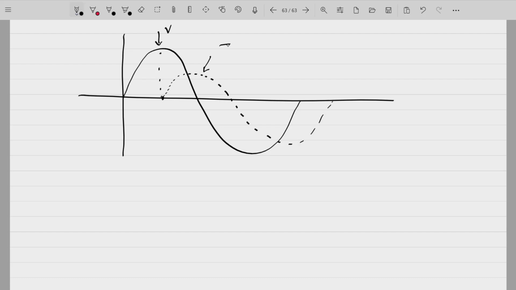So this is our current. Fine. The magnitude of current will normally be less than voltage, and it is also lagging the voltage by 90 degrees. That means it will start after 90 degrees. So voltage and current in this case are out of phase.